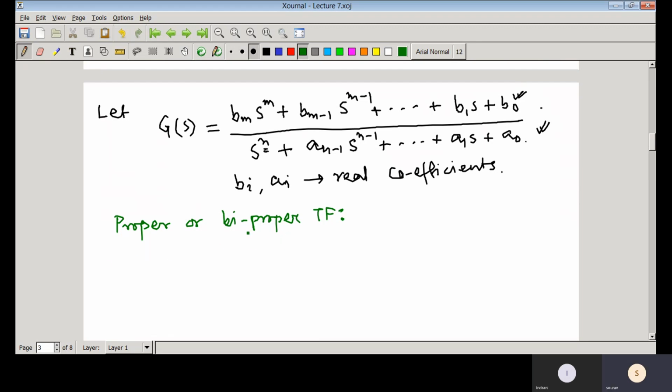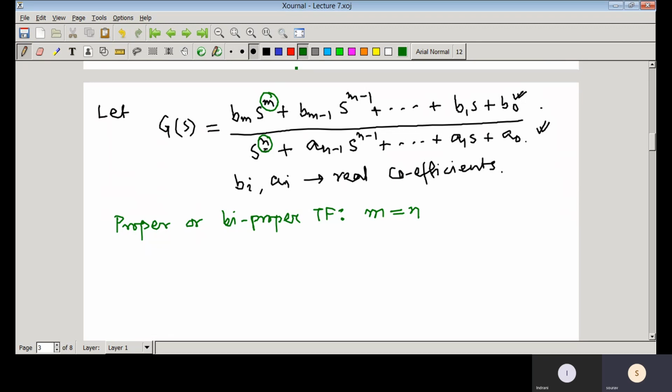A transfer function is proper or biproper whenever m equal to n. Here m is the degree of the numerator polynomial, and n is the degree of the denominator polynomial. Whenever the degree of the numerator polynomial and the denominator polynomial are the same, then we say that it is a proper transfer function.